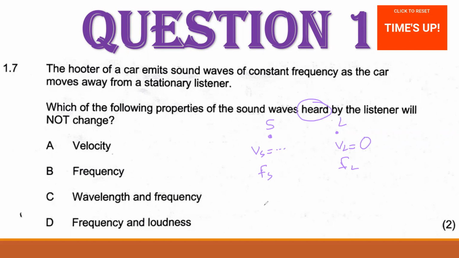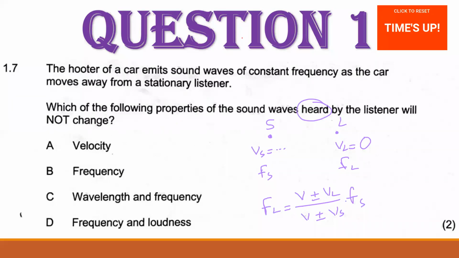So we have a formula. Fl equals (V plus minus VL) over (V plus minus Vs) times Fs. This is the Doppler effect formula to calculate frequency. Why are we saying plus minus? This is the general formula. Plus when it is coming closer, minus when it's going away. Now it is going away, so we are going to use this formula.